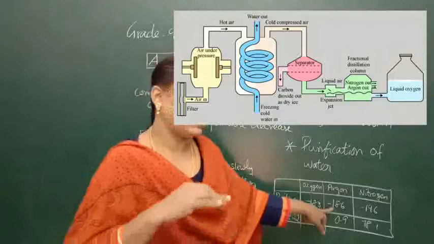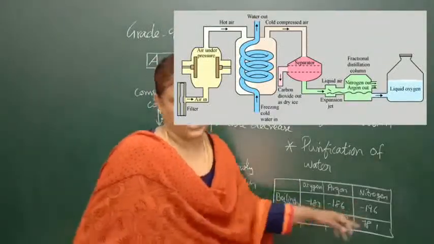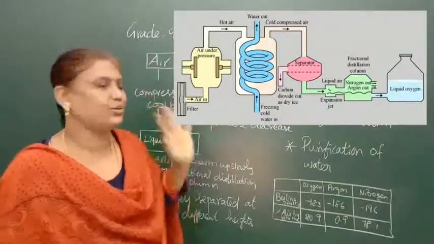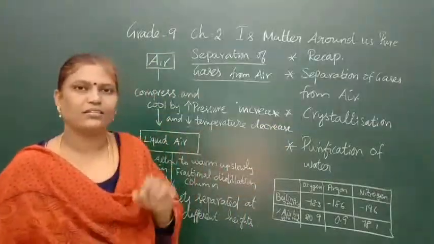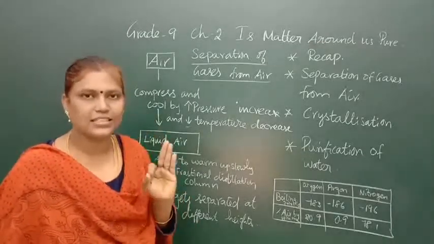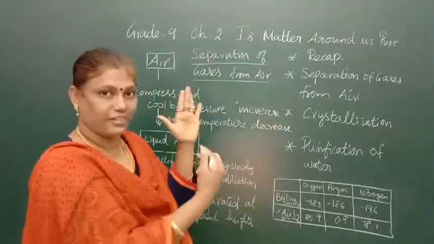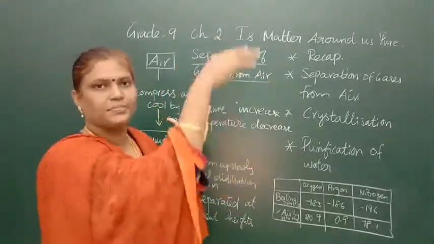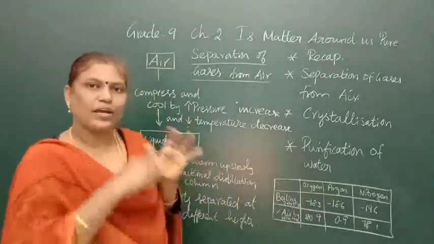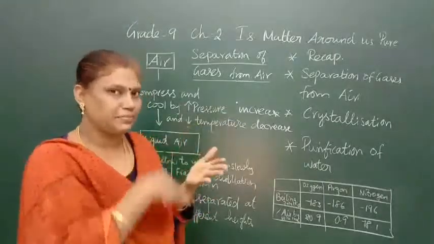After that you will see the argon, and after that you will see the outlet of nitrogen. You can see the picture in your book, and I will show you here. What is the first step? It is filtered, then warmed, and then cooled in the condenser where cold water is sent, and while cooling, carbon dioxide will not become liquid, so it is separated.